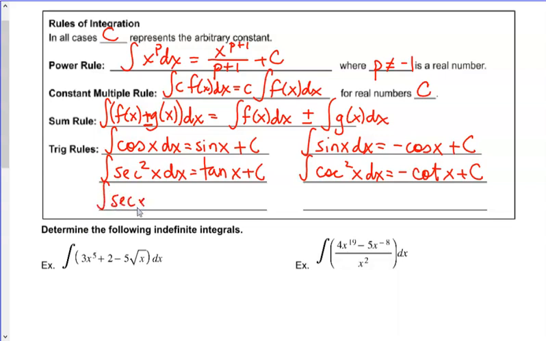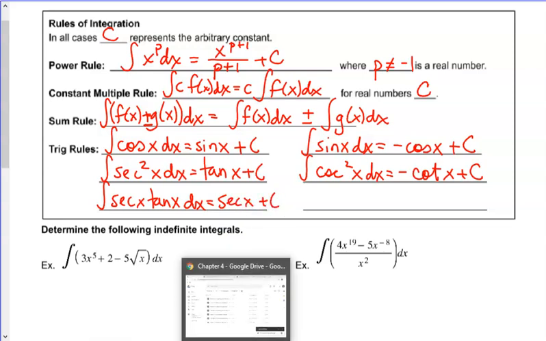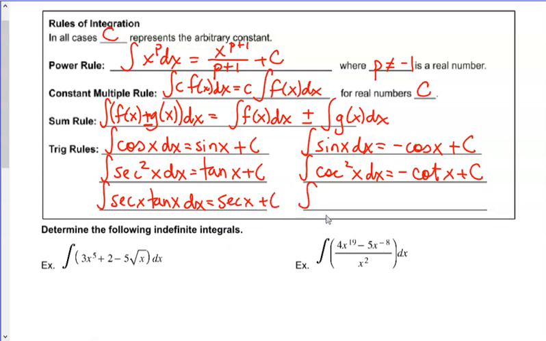Then we're going to turn to the integral of secant tangent dx. And what did we take the derivative of to get secant tangent? It was secant of x plus c. And the one that is similar to that would be the integral of cosecant of x cotangent of x dx.